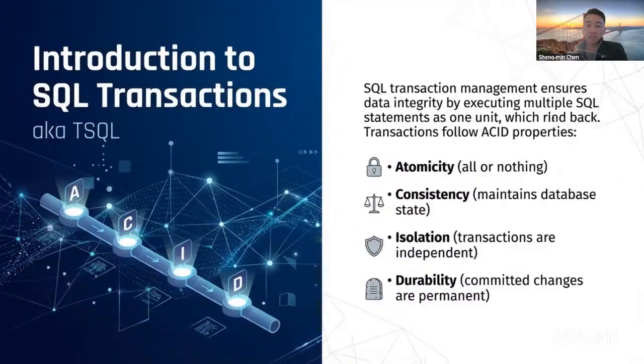Consistency maintains database state, meaning that if the transaction has been committed, the changes have been made and committed to the database, you cannot have a dirty or outdated result set when you are querying.